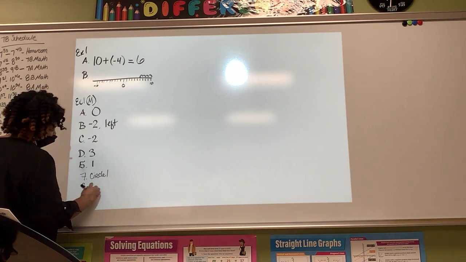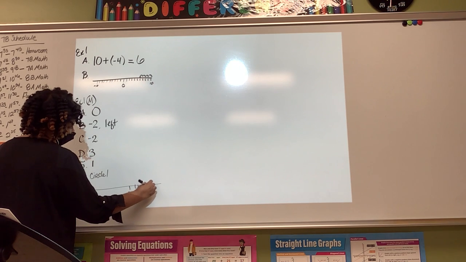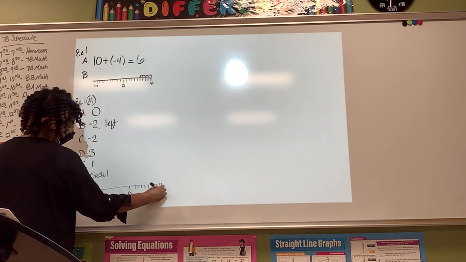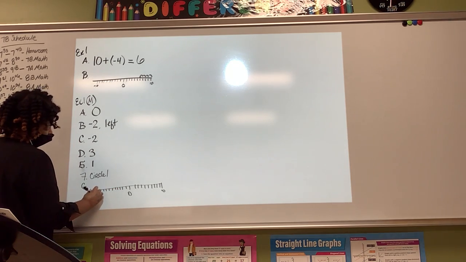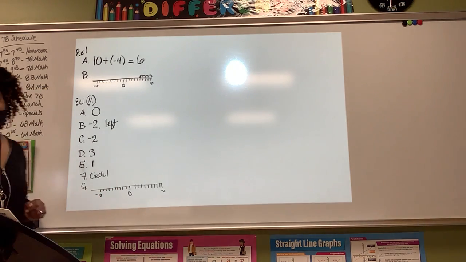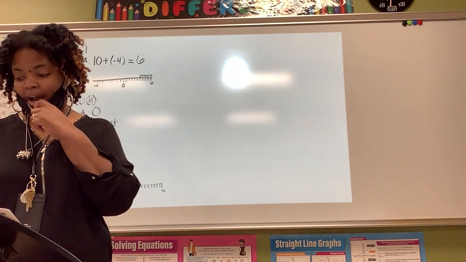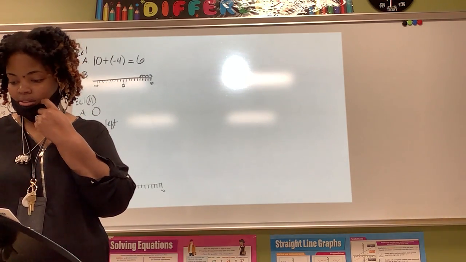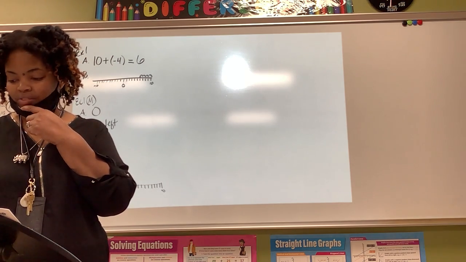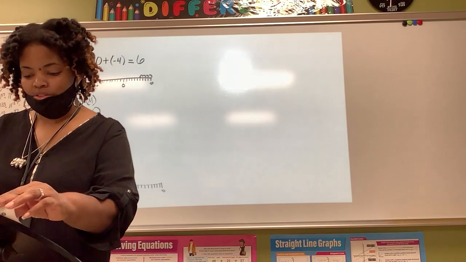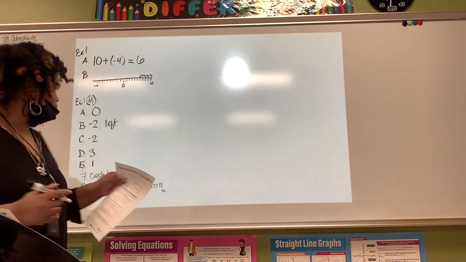For G, they give us a number line, from -10 to 10, and they say, repeat the process from parts A through F for the expression 3 plus a -2. So they actually want you to do the steps for 3 plus a -2.